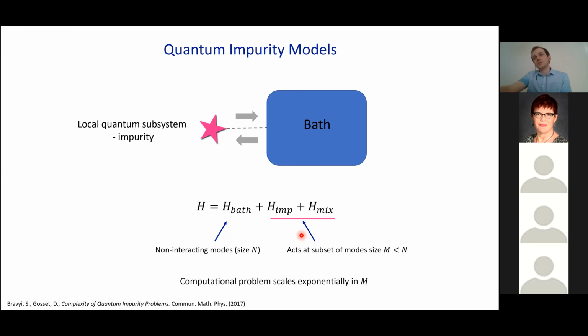But when you go to impurities which act on many modes of the bath, then the problem becomes harder and harder, and actually the computational complexity scales exponentially in the size of the impurity. So quantum impurities can be truly strongly correlated systems in this sense.